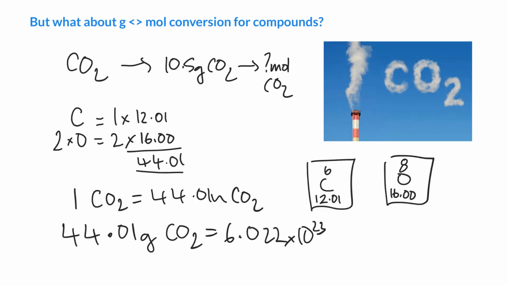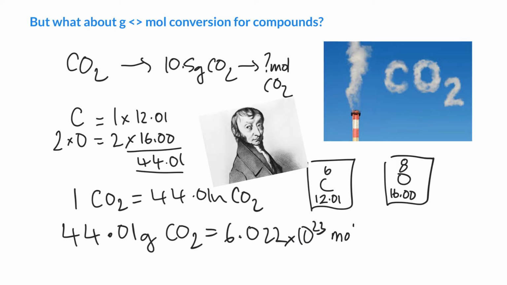What a cool dude. And here's a drawing of this very handsome fellow, which I believe is actually a caricature. I don't think he looked quite that ugly, but anyway, we think he's very cool. There's even a crater on the moon named after him. So that's Avogadro's number, 6.022 times 10 to the 23. We would have that many molecules of CO2 if we weighed out 44.01 grams of CO2.